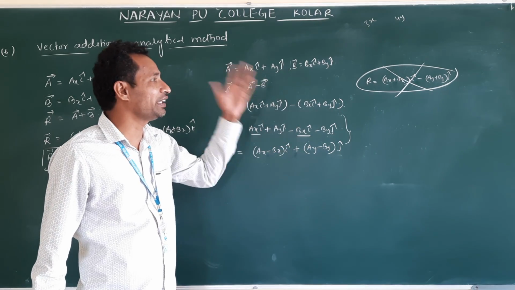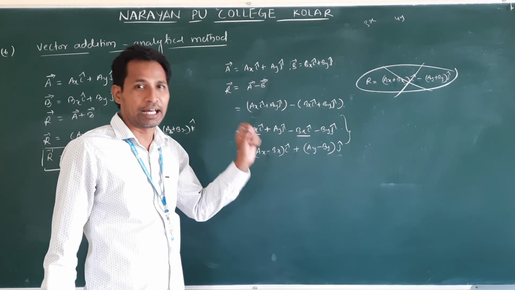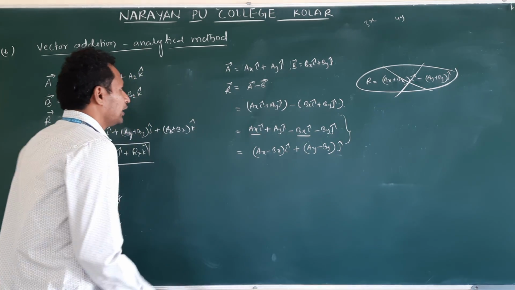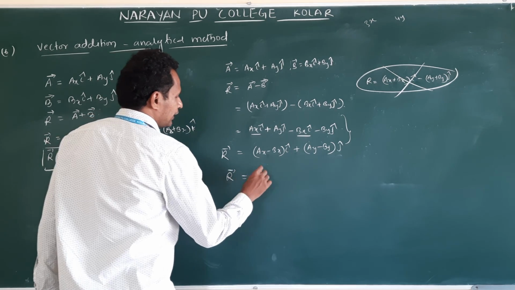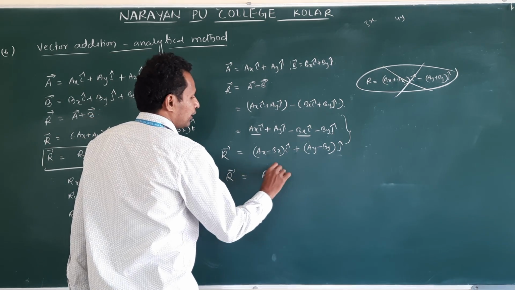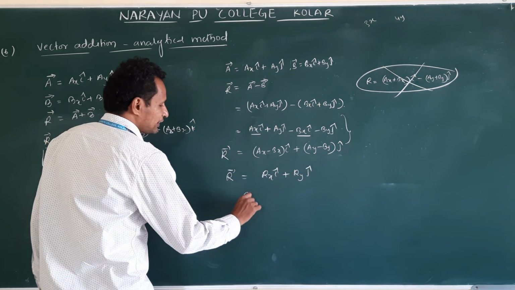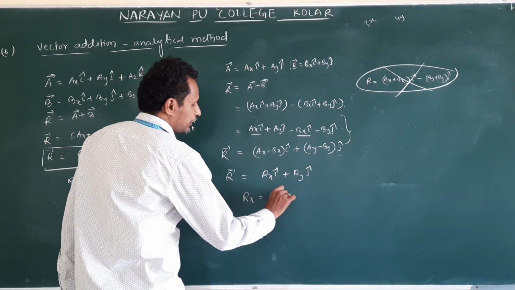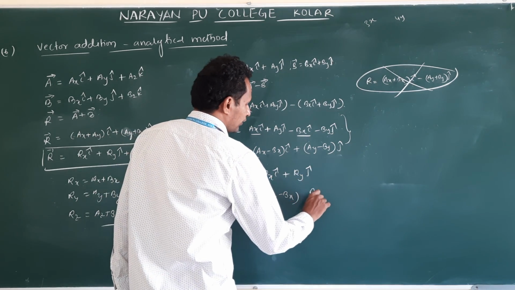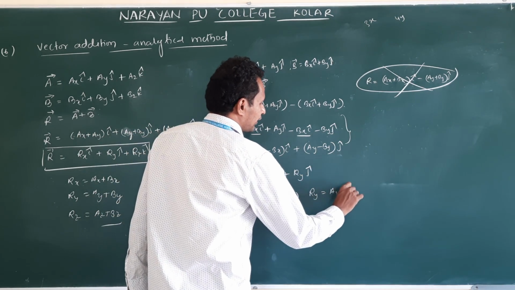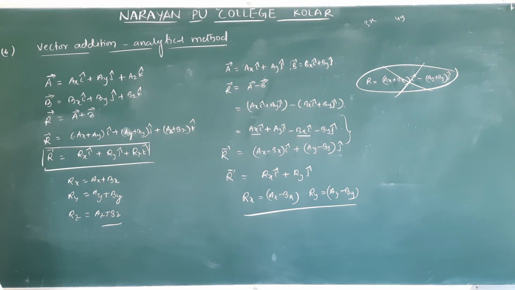So don't simply expect the equation without doing it. First we need to do it on paper. Then this is R, so we can write the resultant vector Rx i cap plus Ry j cap. Rx is equal to Ax minus Bx, and Ry is Ay minus By.